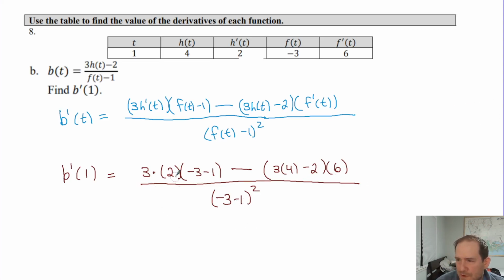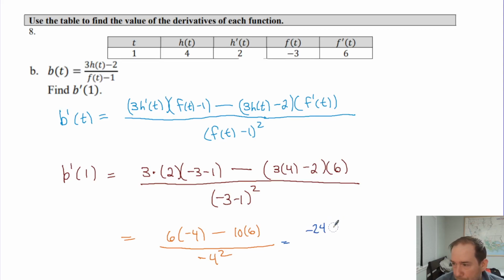So, according to all this, it looks like I've got a 6 times a negative 4. And I'm going to subtract from that 12 take away 2 is 10 times 6, all over negative 4 squared. So that's a negative 24 minus a 60 all over a positive 16, because of course that negative is getting squared too.